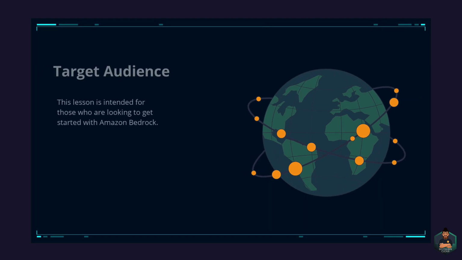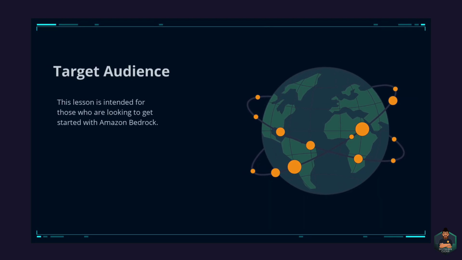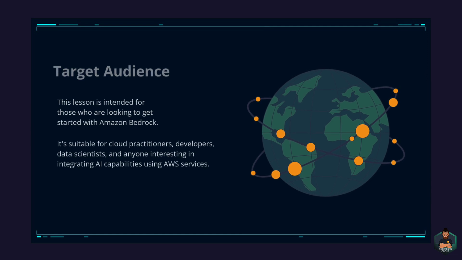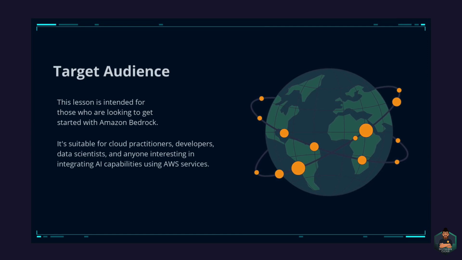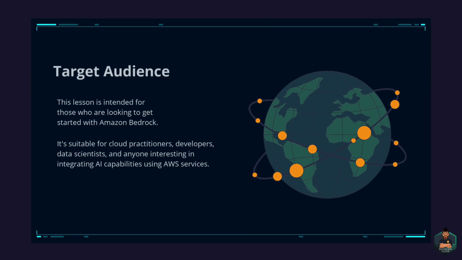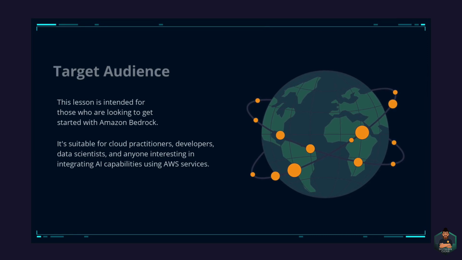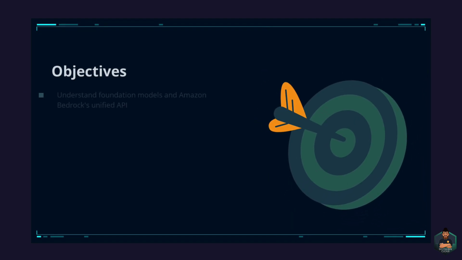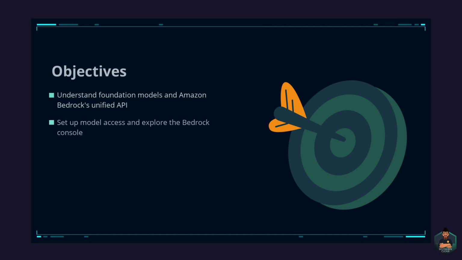This lesson is intended for those who are looking to get started with Amazon Bedrock. It's suitable for cloud practitioners, developers, data scientists, and anyone interested in integrating generative AI capabilities using AWS services. By the end of this lesson, you'll be able to understand foundation models and Amazon Bedrock's unified API, set up model access, and explore the Bedrock console.